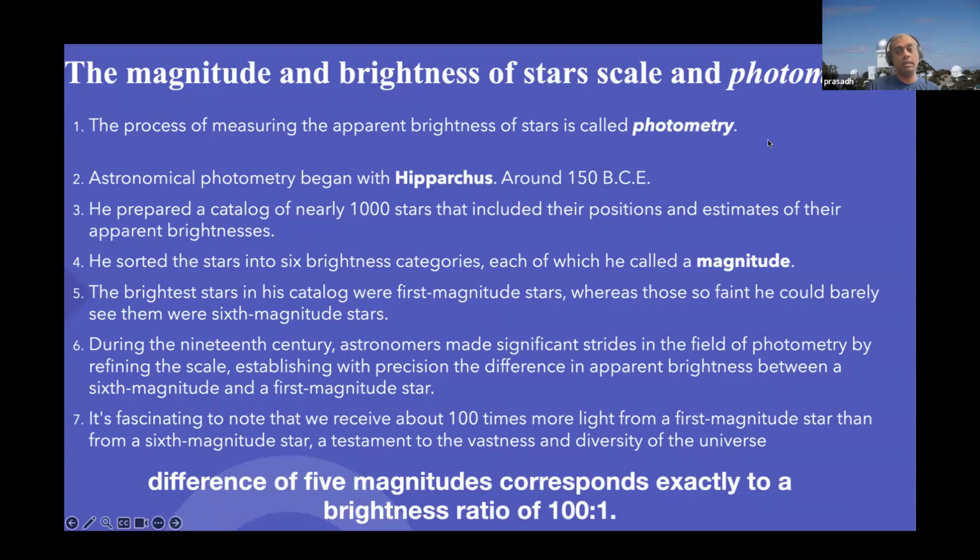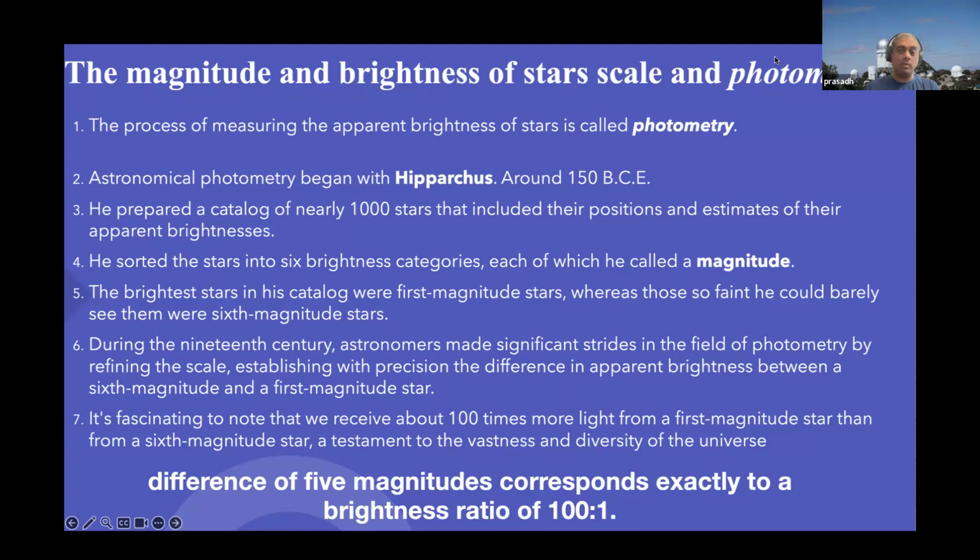I mean, he actually went a few extra steps further and cataloged the brightness of around 1,000 stars, and he found that he could categorize these 1,000 stars into 6 categories. He sorted these brightness levels, categorized them into 6 categories, and gave a number based on the brightness.